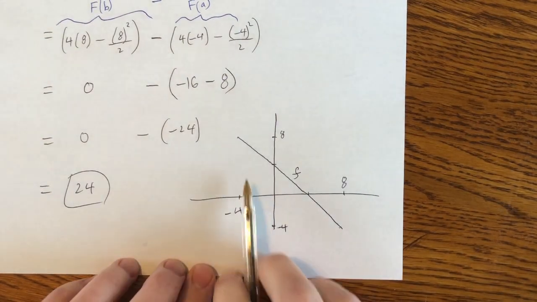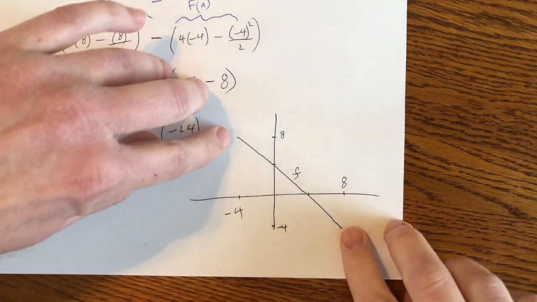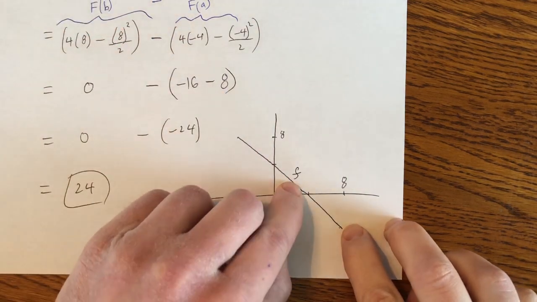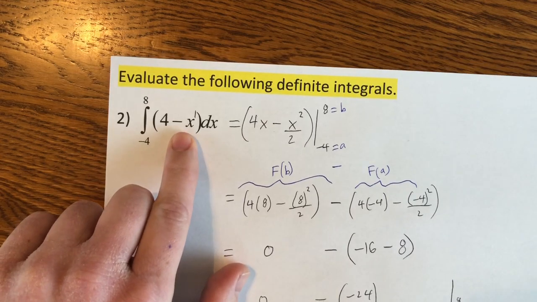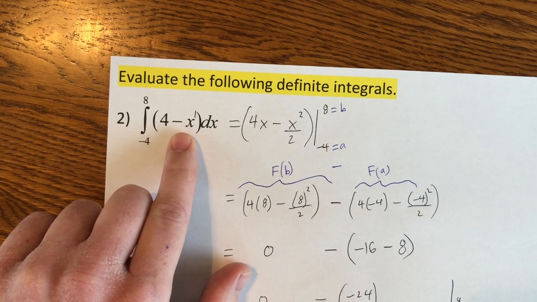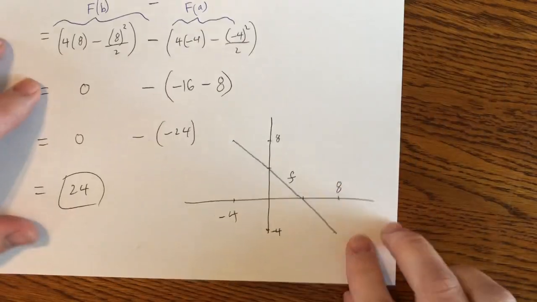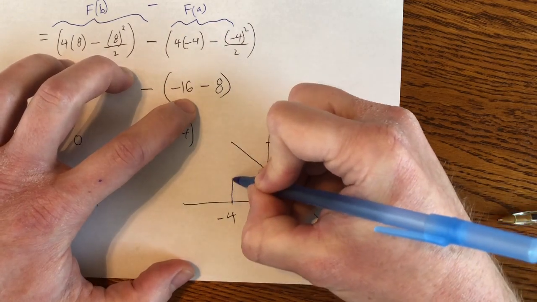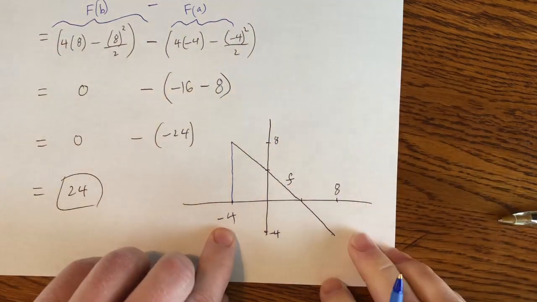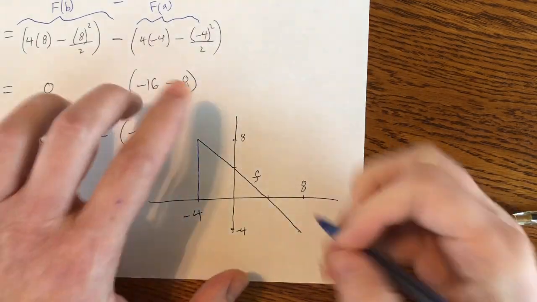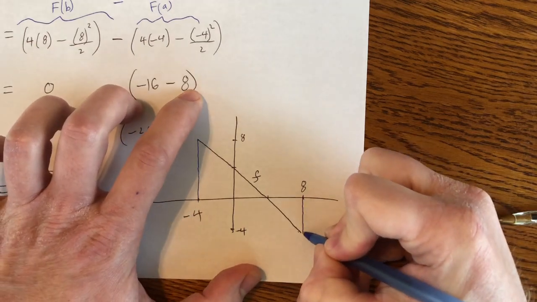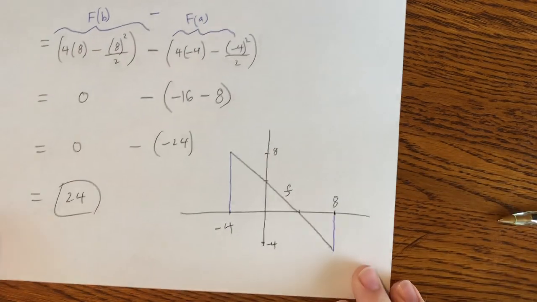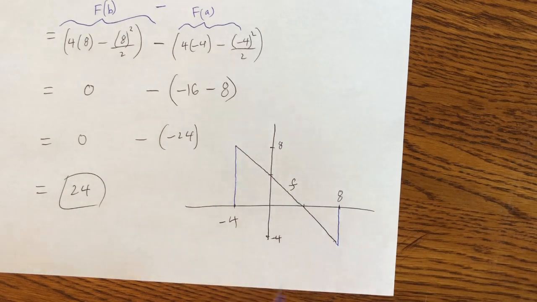So this is just a rough sketch of part of the graph of the function f. It's just a linear function 4 minus x, so it's just a graph of y equals 4 minus x, or f of x equals 4 minus x. All right, so if we only looked at this graph from negative 4 to positive 8, notice that you get 2 triangles.